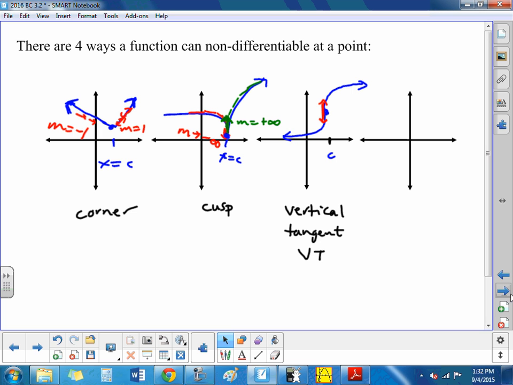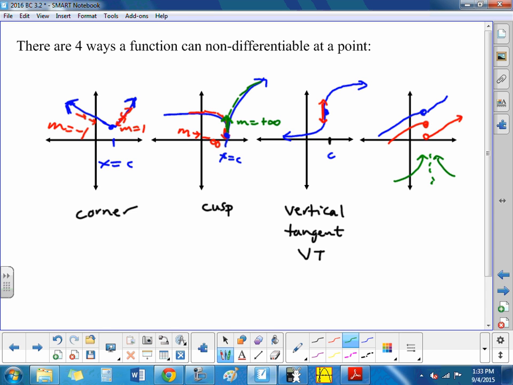Let's go to this last one. The last one's the easiest one. Anytime the graph breaks, whether it's a point discontinuity or a jump discontinuity or an essential discontinuity, any kind of discontinuity, whether it's the red, the blue, or the green, we would say that it is not differentiable.